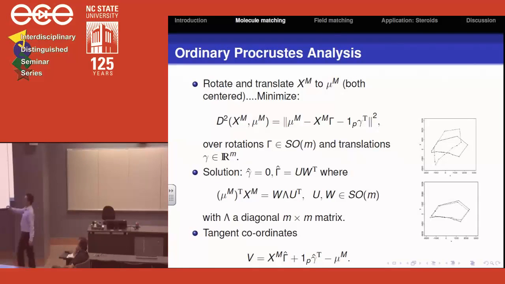And so the optimal rotation here is just formed from this U and W from the SVD there. And then the tangent coordinates for this situation are the difference between the matched configuration and the one you're matching to. So that's fairly routine now. This would be how you can compare things when they're matching.